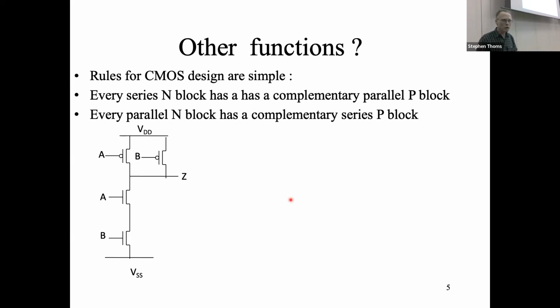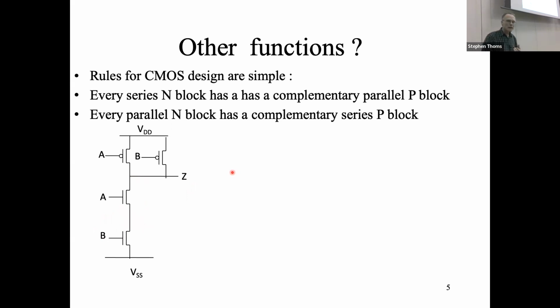And the basic rules for CMOS design are quite straightforward. You split it into N blocks and P blocks. And we saw that for NAND, and you saw that for the inverter as well. You've got a group of NMOS transistors, you've got a group of PMOS transistors, you've got your output in the middle, always works like that.